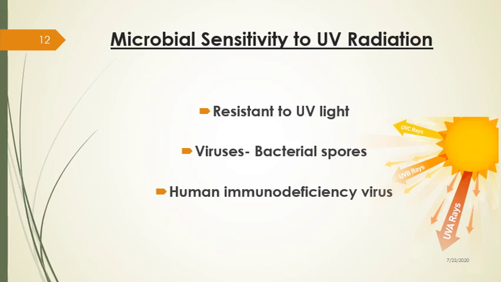When we discuss microbial sensitivity to UV radiation, we must know that bacterial spores are generally more resistant to ultraviolet light than vegetative cells. Viruses are also inactivated and tend to be more sensitive than bacterial spores.